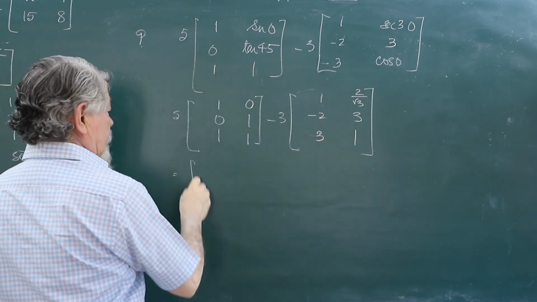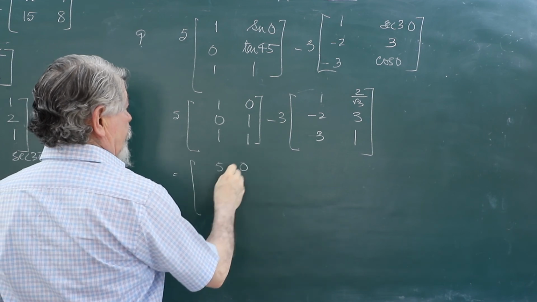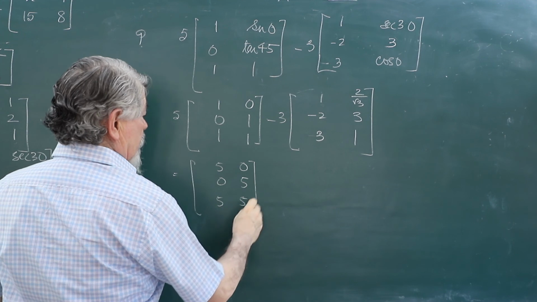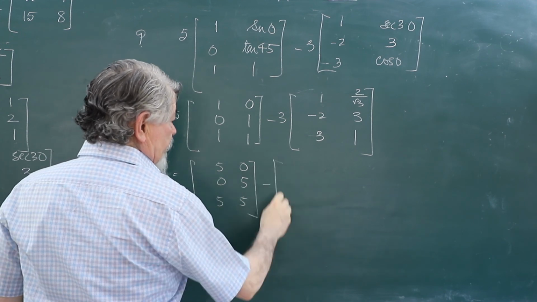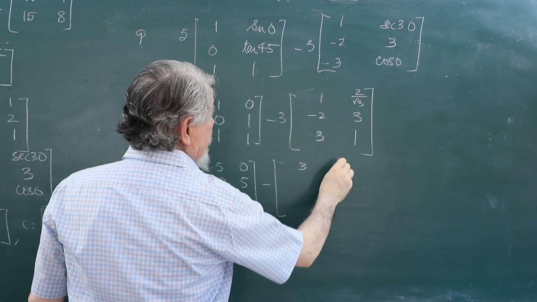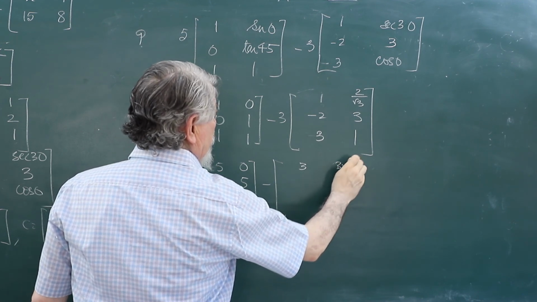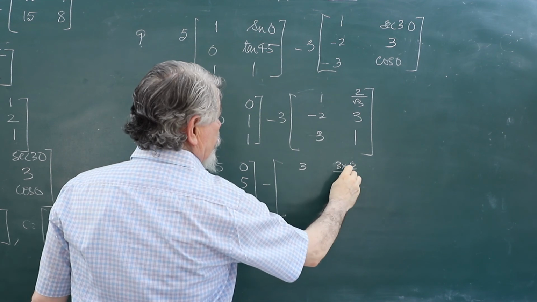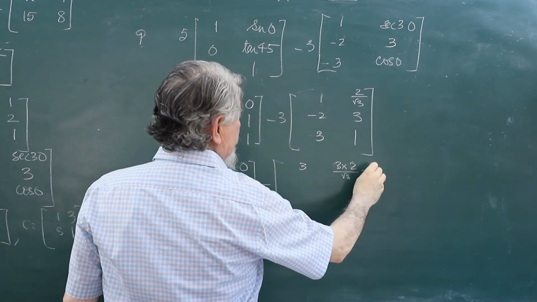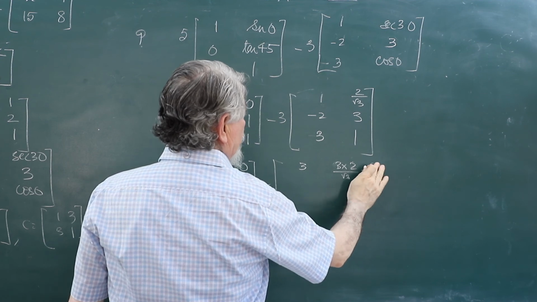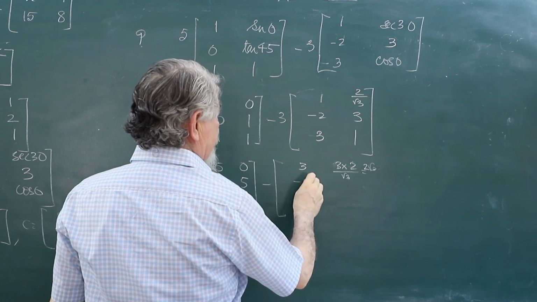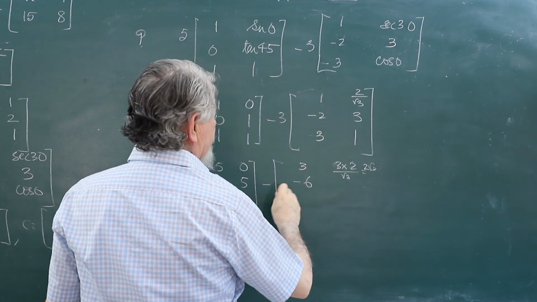Now it is 5, 0, 0, 5, 5, 5, and multiply with 3: 3 1s are 3, 3 into 2 upon root 3. So you can write 2 root 3. And this is minus 6.